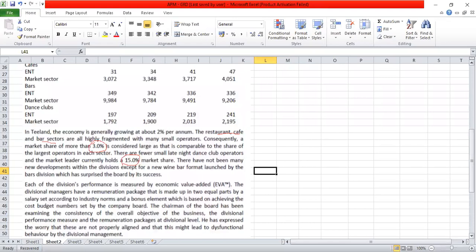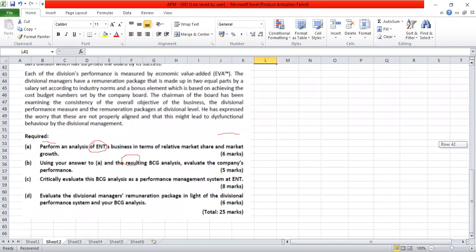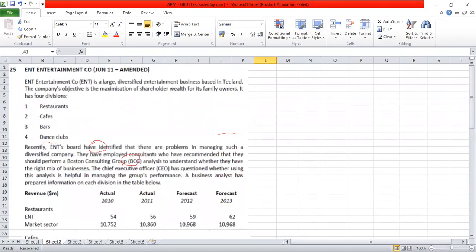So let's start with the first calculation of market share. We are asked to calculate both relative market share and market growth. So both of them we have to do. Let's see how many divisions there are.